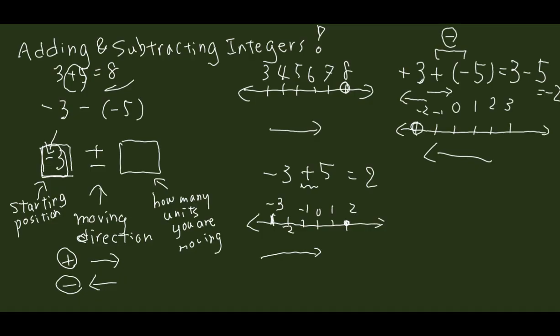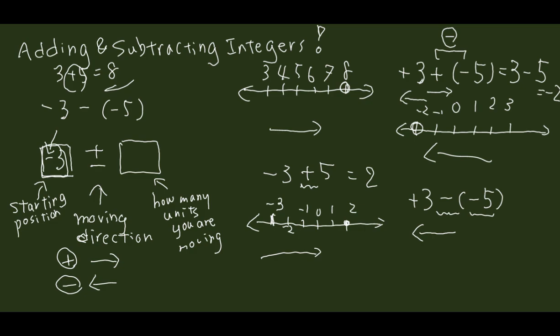Negative 2. Right. How about plus 3 minus negative 5? You look at this sign here. It's a moving direction. It's minus, so you move to the left. But you move negative 5 units to the left.